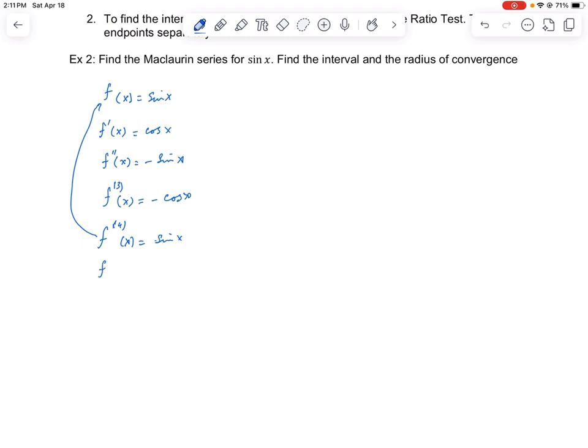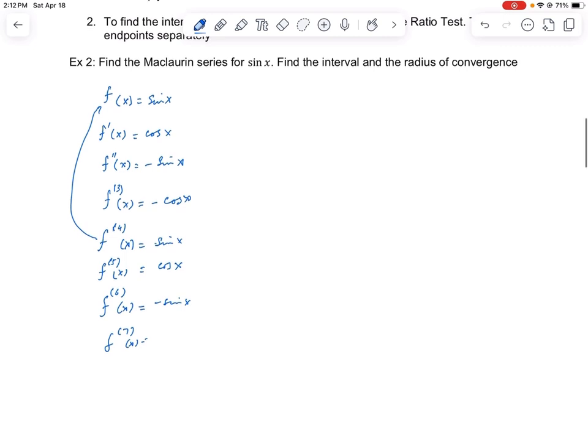The fifth derivative of f is the same as the first derivative, and so on. Now we evaluate at 0.